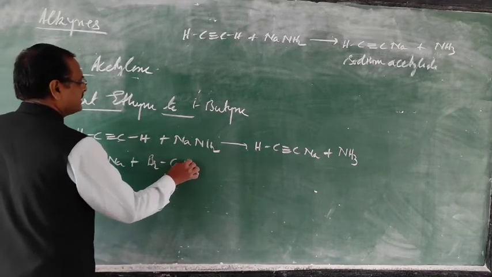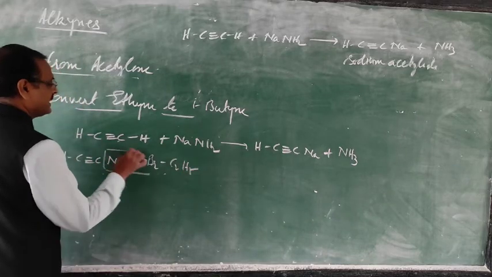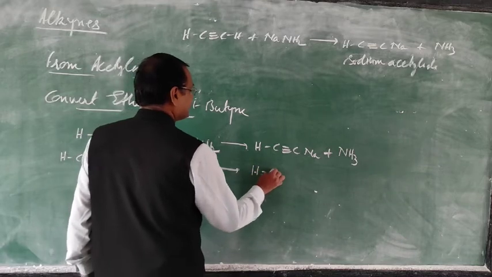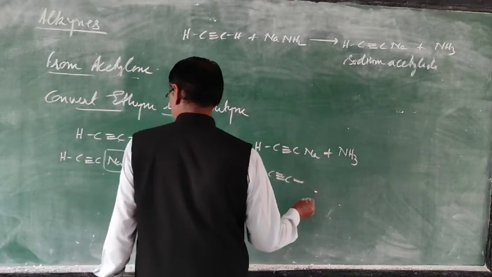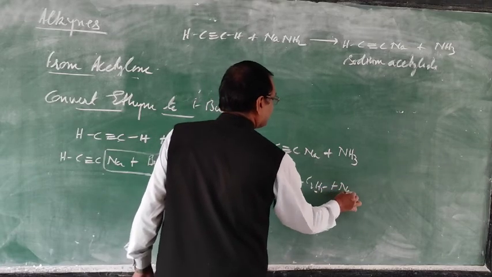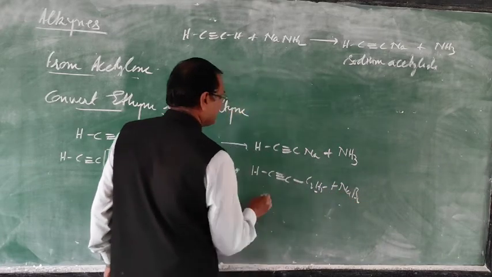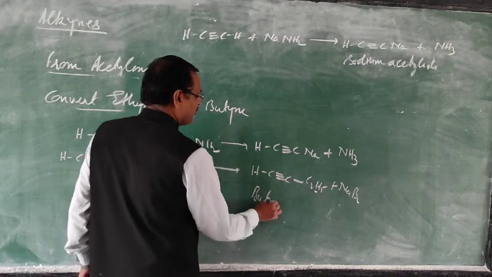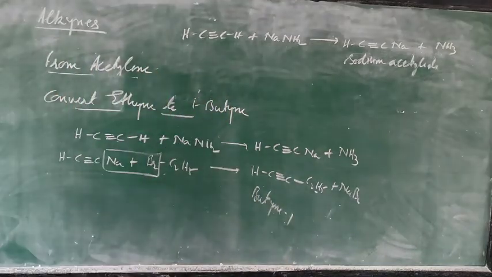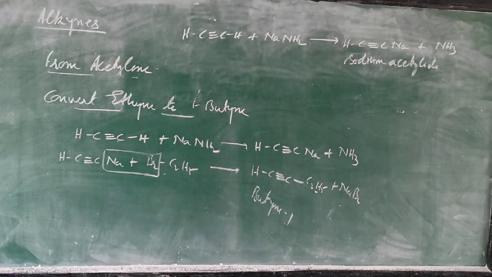So by this way you can get HC triple bond C C2H5 plus NaBr. So this one is butyne-1. So by this way you can increase the number of carbon atoms. So this one reaction is important. It can be used to increase the number of carbon atoms.